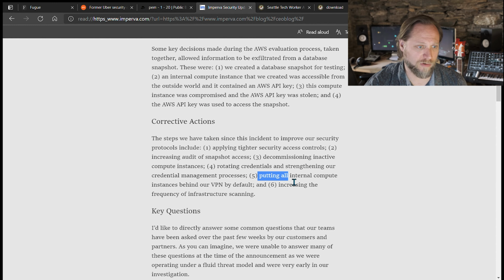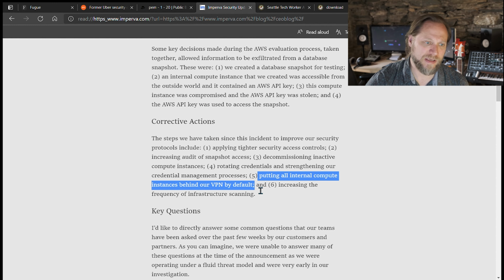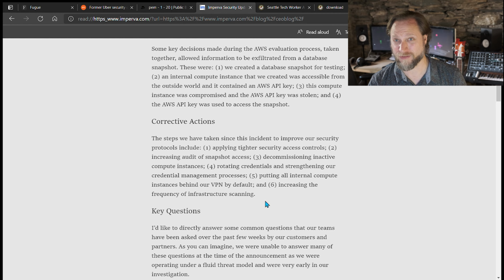5, putting all internal compute instances behind our VPN by default. I personally think VPNs are kind of going away other than for privacy use. There are other ways to, but what they're saying is no public IP addresses, right? I agree with that. If it has an operating system on it in the cloud and you're sitting it out there, you are asking for a hacker to find it, find something you missed, and end up in the news.